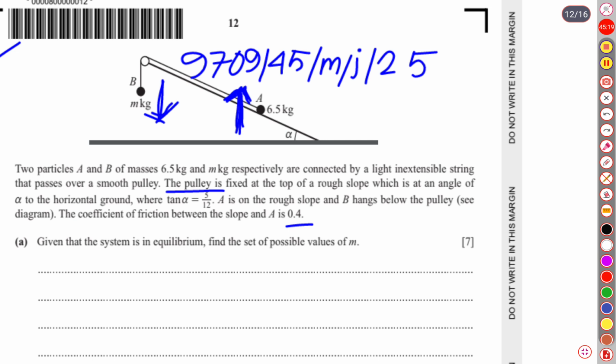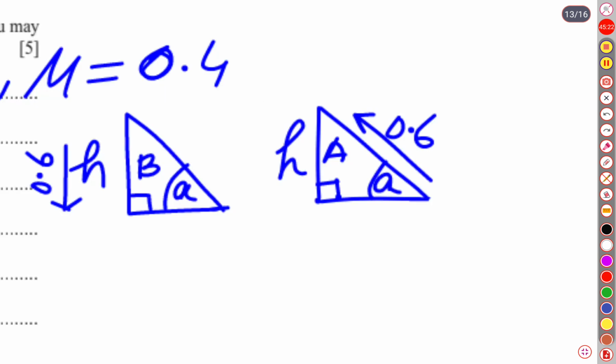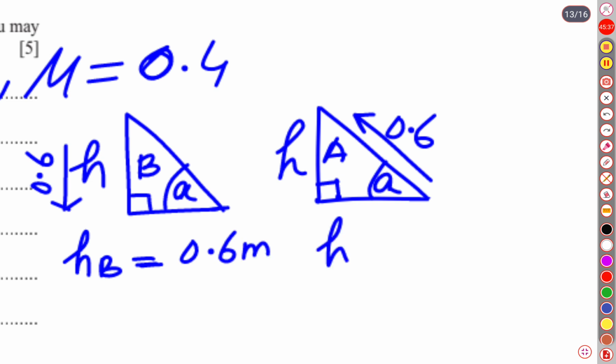So let us find the heights. B is just moving downward, hence the height of B is 0.6 meter. But what about particle A? It is on the inclined plane, so it is not a vertical height. Remember, B is moving vertically downward, but A is not moving vertically upward, it is sliding up an inclined plane.